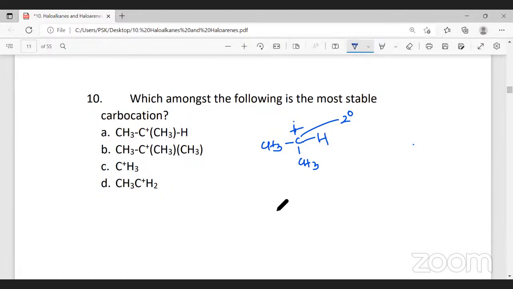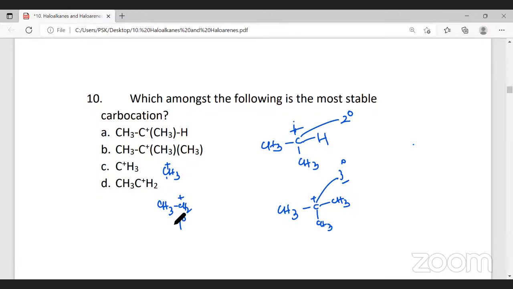If you talk about B, it is CH3, C plus, with CH3 and CH3. You need to know how to write the structures. This is a tertiary carbocation. This is the methyl carbocation, CH3 plus, and this is the ethyl carbocation, a primary carbocation. Which among the following is more stable?